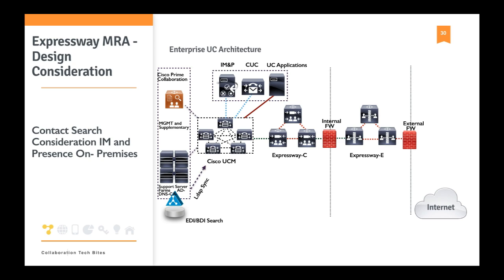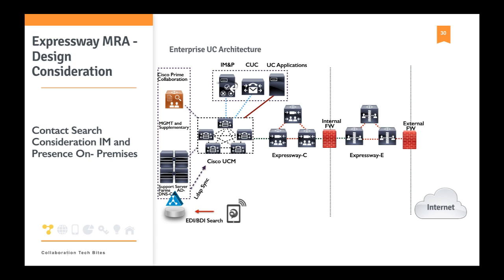You make sure that you have a central Active Directory or a central directory service with users' information and populated telephone and email addresses on top of that directory, and synchronize this information with the Cisco Unified Communication Manager.